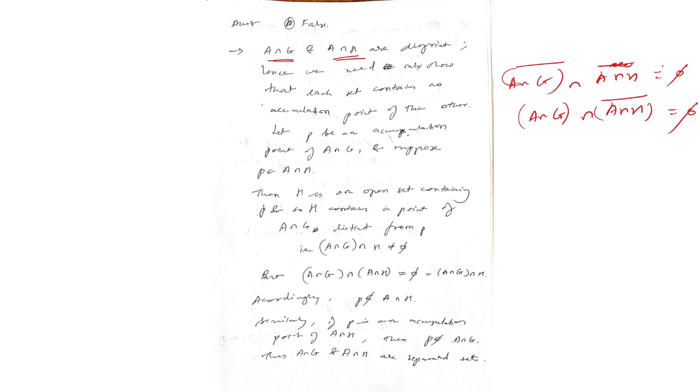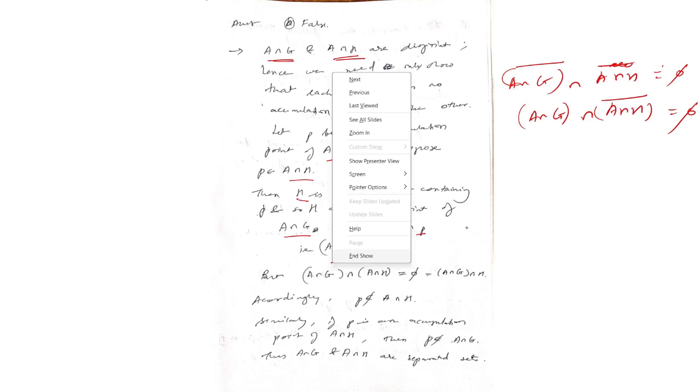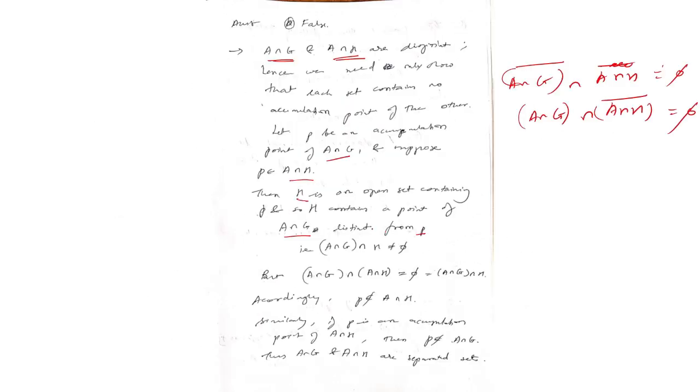So let P belong to the accumulation point of A intersection G, and suppose P belongs to A intersection H also. Okay, so what we'll get, since H is an open set containing P, therefore H contains a point of A intersection G distinct from P. Fine. So what you'll get, A intersection G intersection H will be non-empty, right?